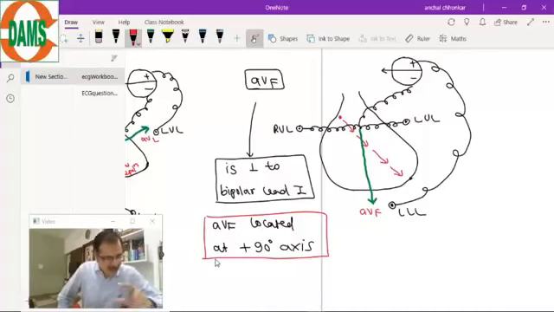It is located at the plus 90 degrees because it is perpendicular to lead 1. You can see the green colored arrow, it is perpendicular to lead 1, AVF.